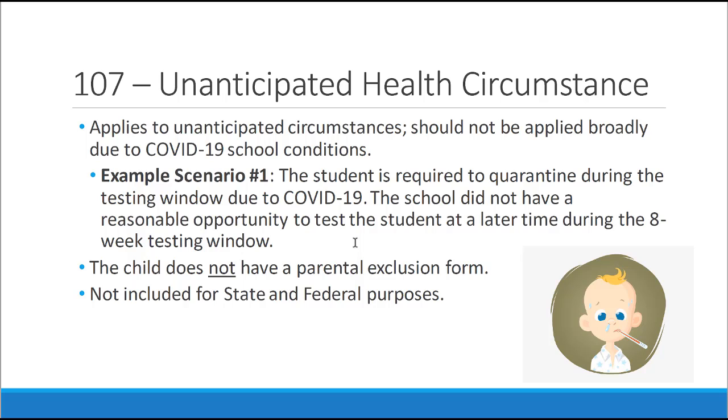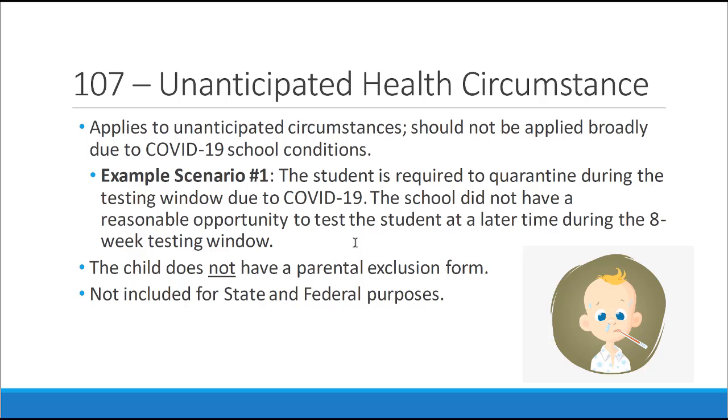Another participation code that will apply in several circumstances is the 107 Unanticipated Health Circumstance Code. This code is typically applied in situations where the student is missing their instruction and therefore their assessment due to health reasons. It could be physical health or mental health.